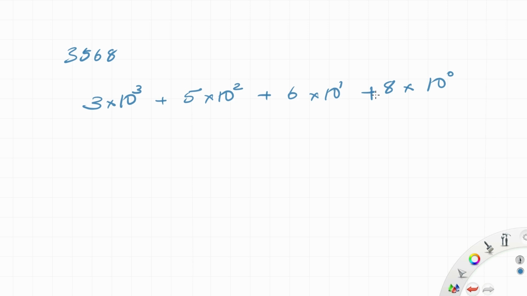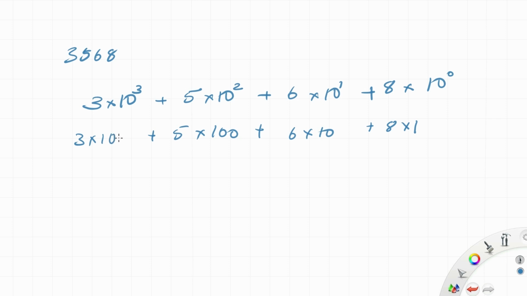The absolute value of the number is getting calculated: 3 into 10 to the power 3 plus 5 into 10 to the power 2 plus 6 into 10 to the power 1 plus 8 into 10 to the power 0, which is 8 into 1, plus 6 into 10, plus 5 into 100, plus 3 into 1000.